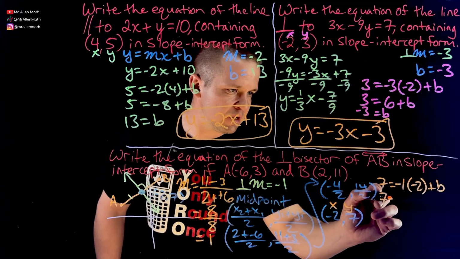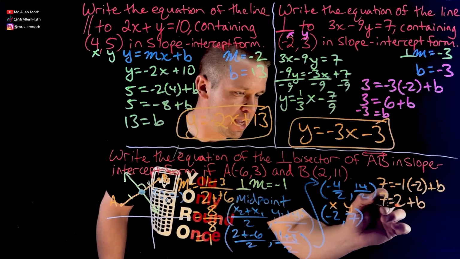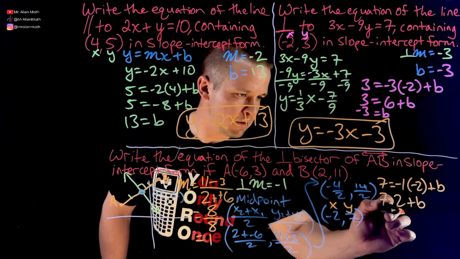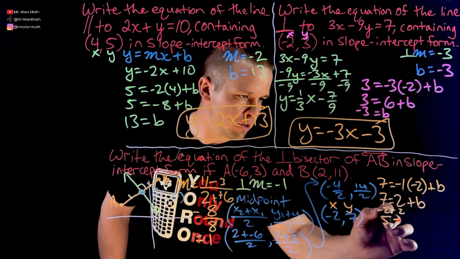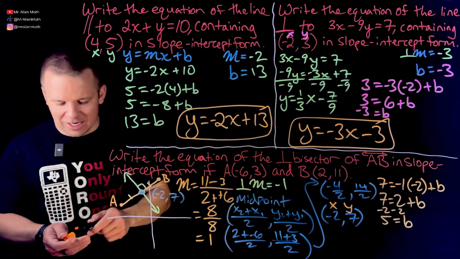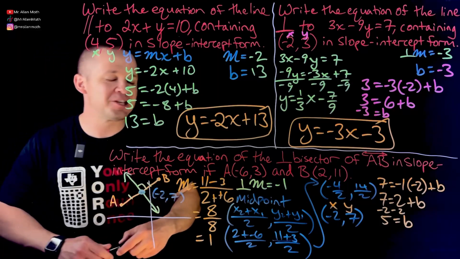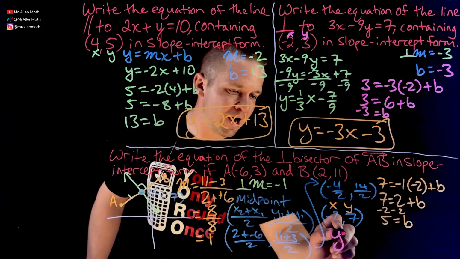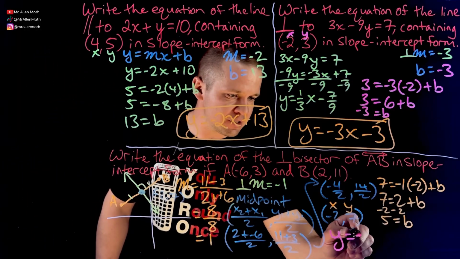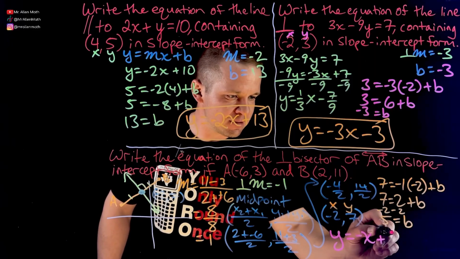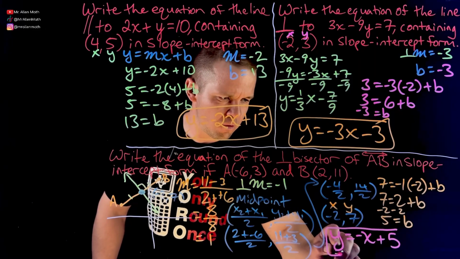So we got 7 equals 2 plus b. Subtract 2, and I get 5 equals b. Are we done? Almost. Let's write our final answer now, guys. y equals -1x, or just -x plus 5. Woo!